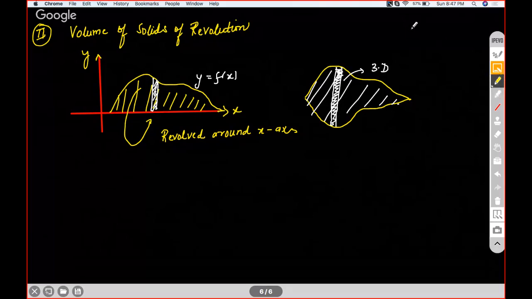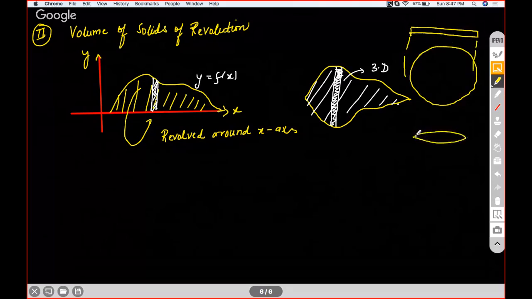You understand a disk, right? The cross-section area, top view is this, and the side view is this. This is a disk. You must have seen a disk in physics also.